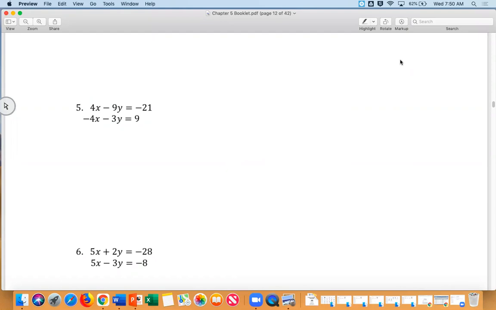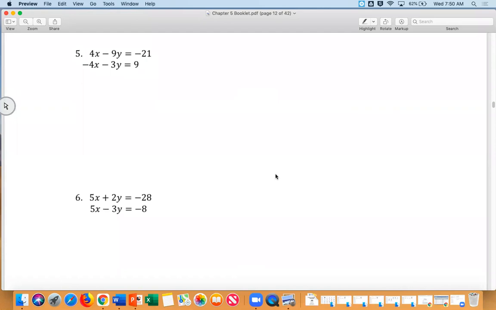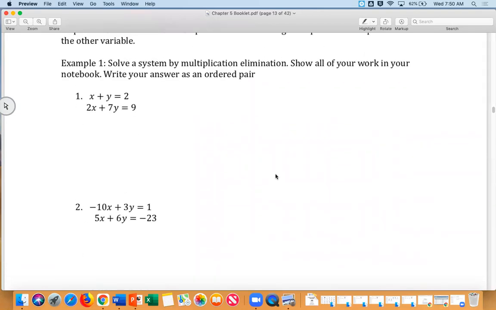Because they were the same, we just added the two equations. Number 6, the 5x and 5x were exactly the same, so we subtracted. But then we moved into questions like number 2. Well, nothing's the same, right?